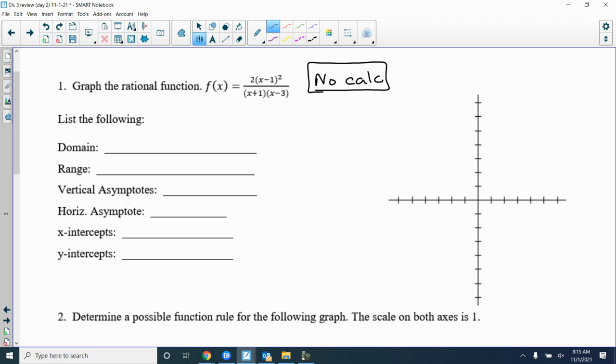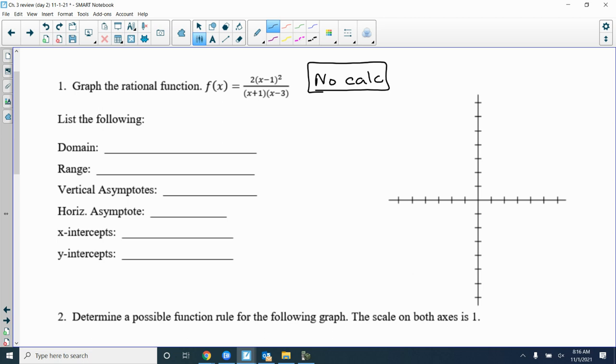So x equals, and then y equals. Okay, so vertical asymptotes, that's where your denominator equals 0.